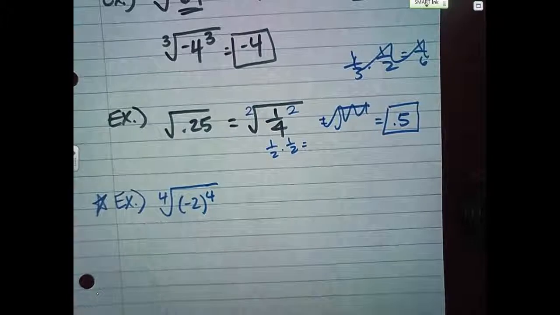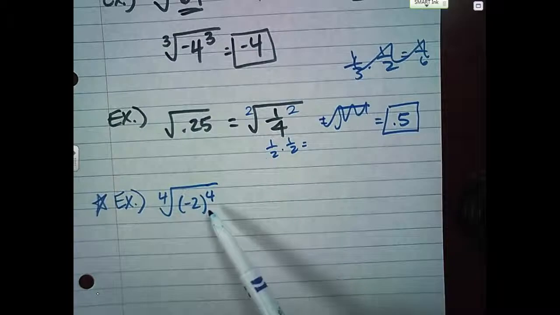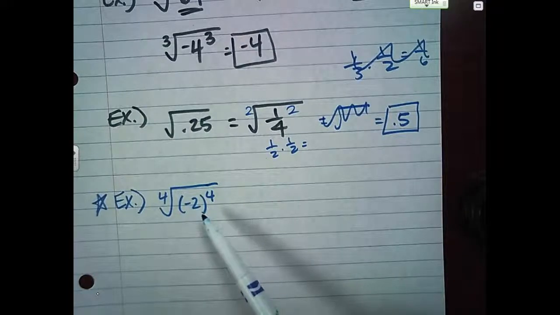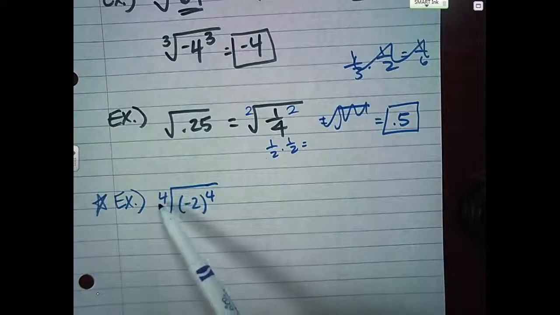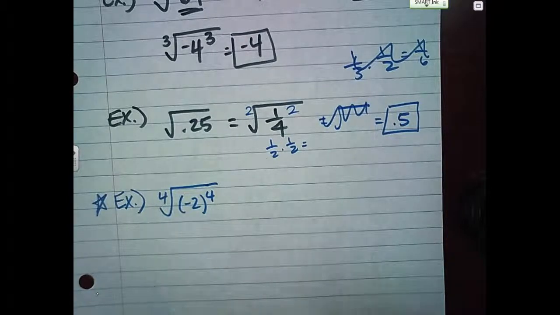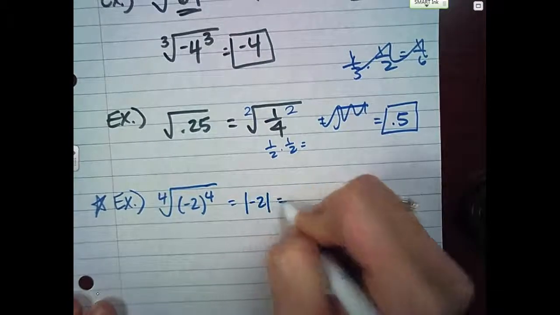Kids want to cancel the 4s and say the answer is -2. But when you raise -2 to the 4th power, what's it going to turn? It's going to turn even, isn't it? Okay? It's going to turn positive. So an even on the inside and an even on the outside means your answer has to be positive. So the answer is actually the absolute value of -2, or in other words, just 2.